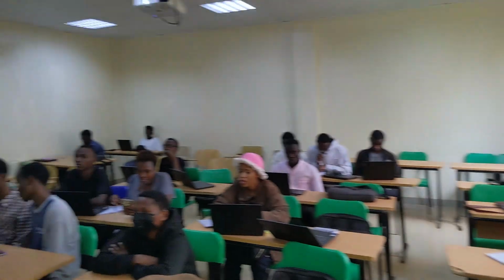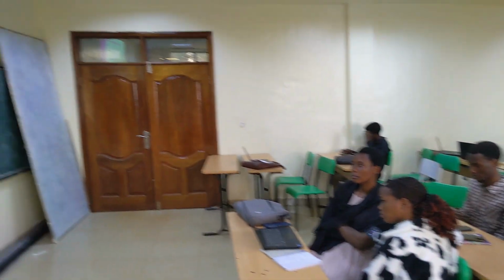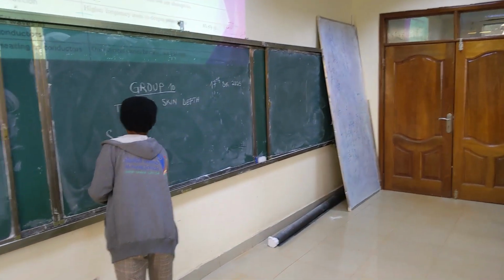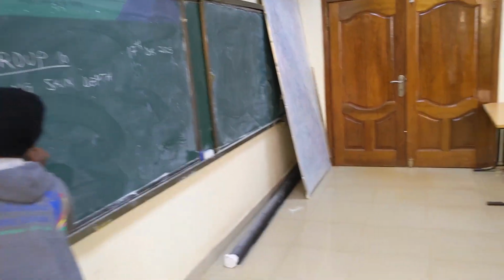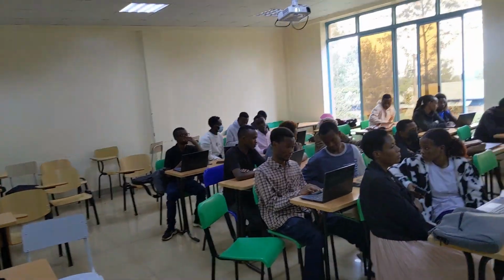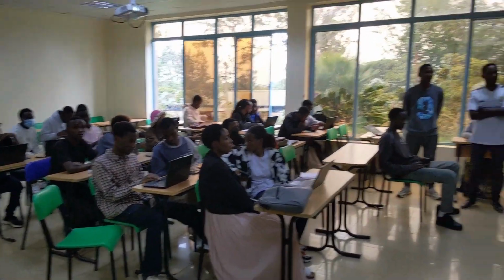the skin depth is equal to the square root of 2 over angular frequency times permeability times conductivity. So skin depth depends on the angular frequency, which equals 2 pi f.